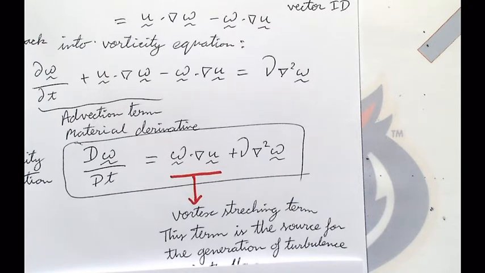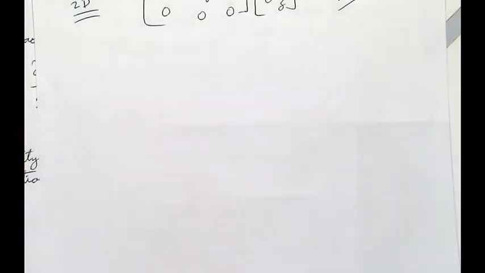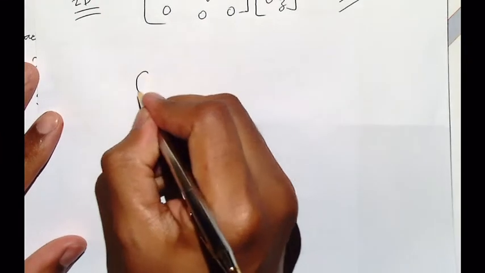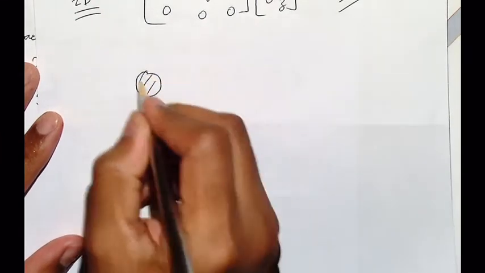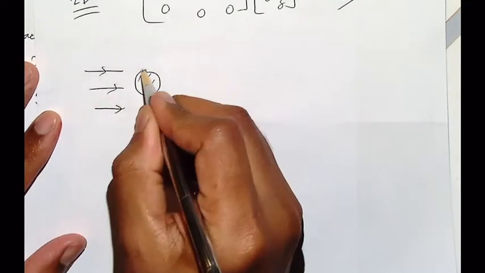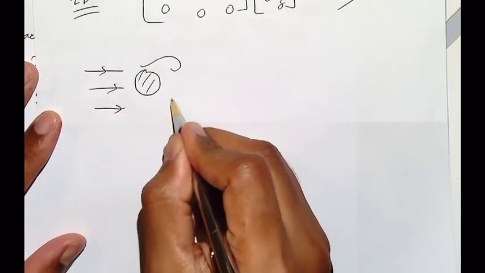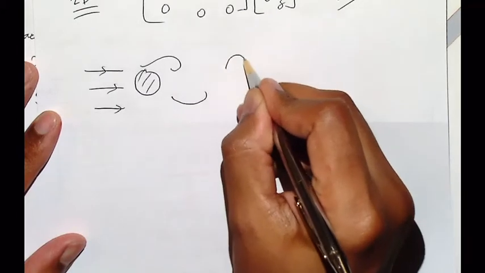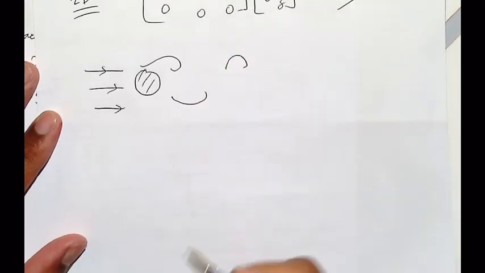Okay. So if you do experiments of flow over a cylinder, and you have inflow, you will get some vortex shedding. Correct? Yes.